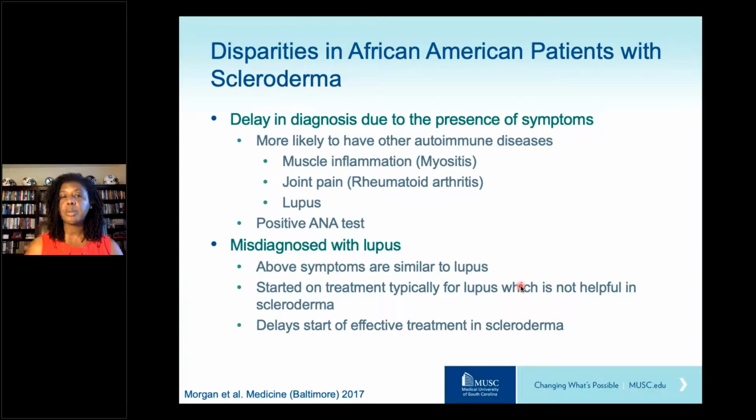So if a scleroderma patient presents with just a positive ANA test, they may get misdiagnosed with lupus because they could have the positive ANA test and joint pains and not readily associate that with scleroderma. So if they're misdiagnosed with lupus, then they're typically started on medications for lupus, which is not helpful for scleroderma, which then would also delay starting effective treatment to treat their scleroderma disease.